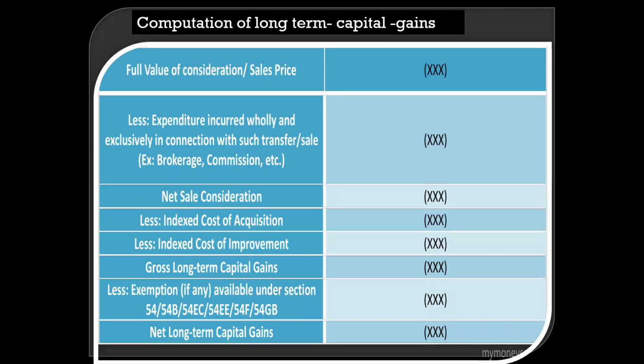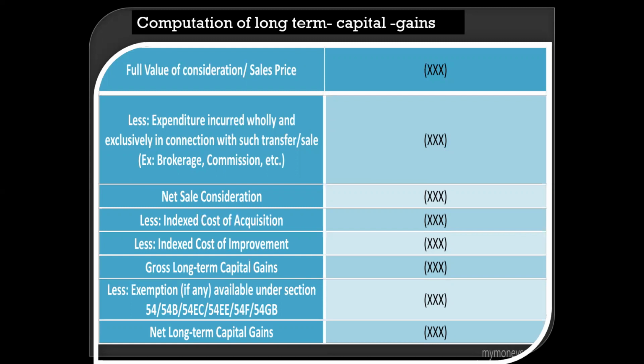Now, in this picture, we have calculated our long-term capital gains. The first step is to start with full value of consideration, or what we call sales price. In the next step, we deduct expenditure incurred wholly and exclusively in connection with such transfer. Then we will get our net sale consideration.